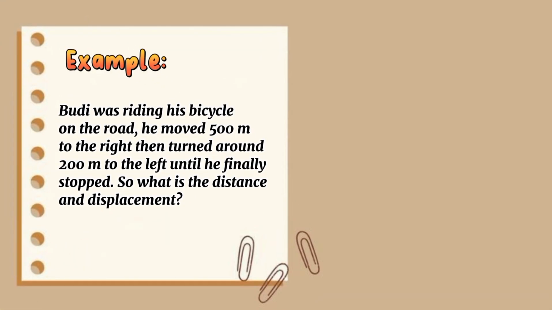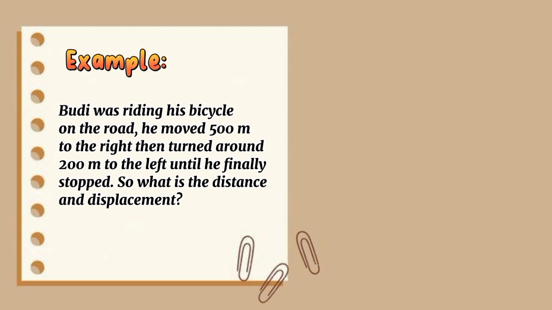For example, Budi was riding his bicycle on the road. He moved 500 meters to the right, then turned around 200 meters to the left until he finally stopped. So, what is the distance and displacement?